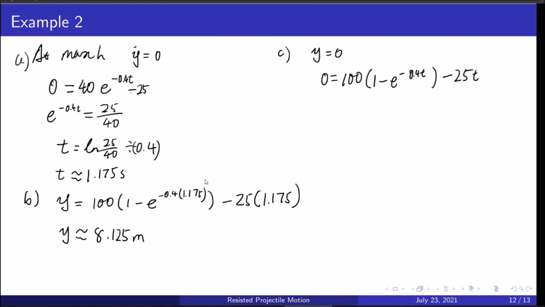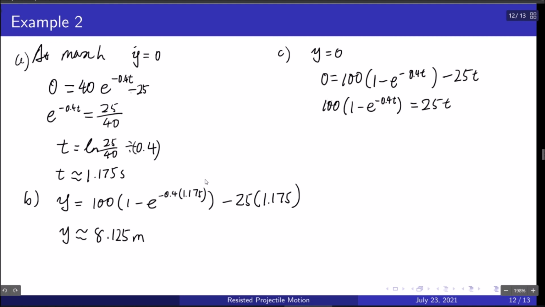Because logarithm unfortunately is not an algebraic operation, so you cannot undo it in the form of equation here. So what we end up with is we can just write it as 100(1 - e^(-0.4t)) equals 25t.